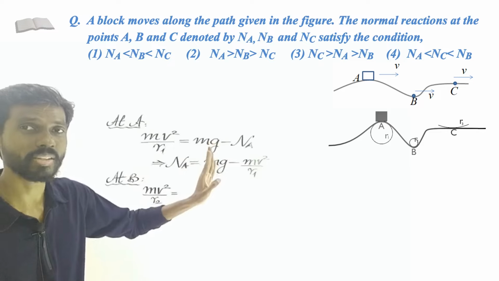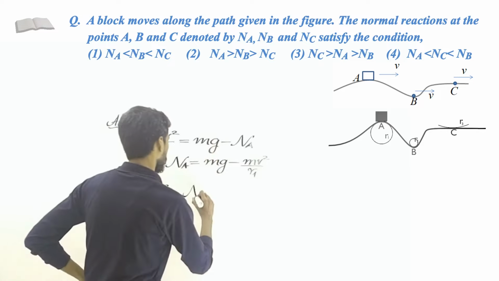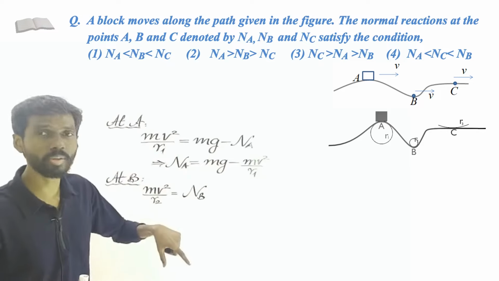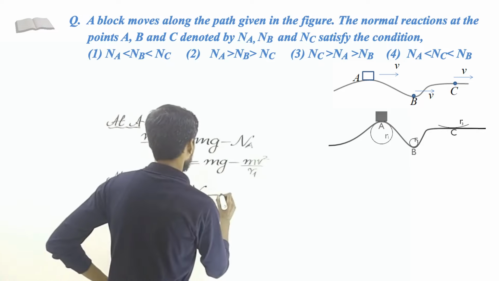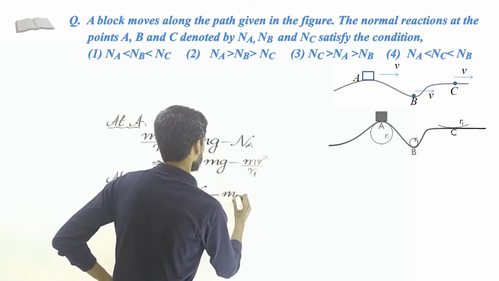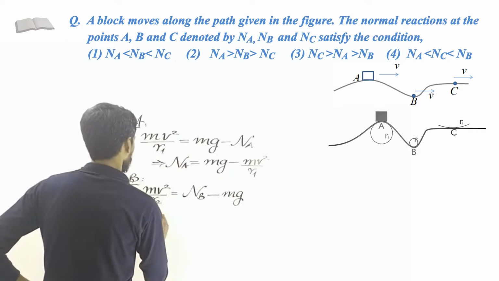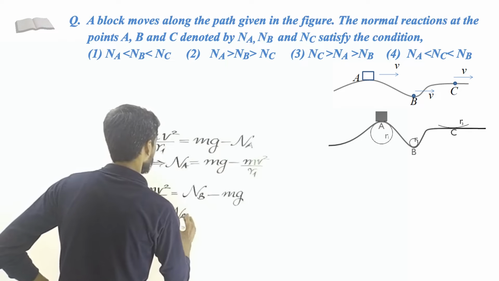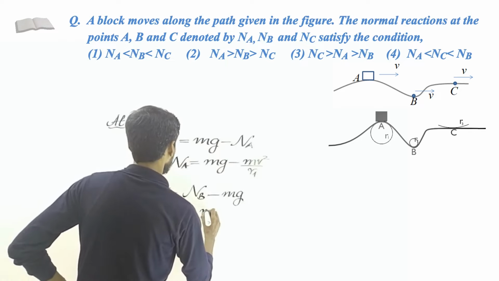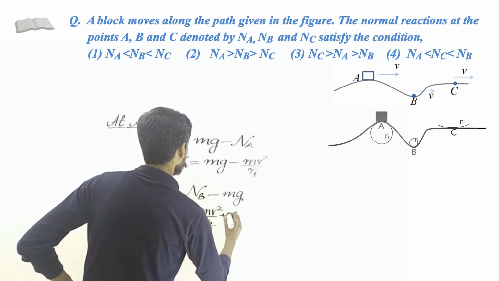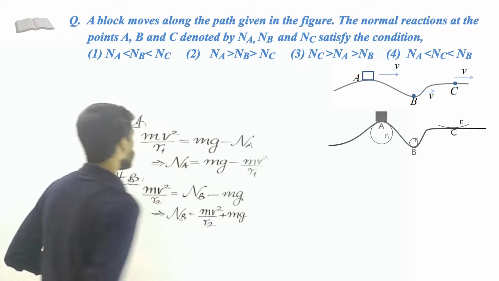So the normal reaction Nb in the upward direction, and minus mg, because mg is actually downward, so we have to take its upward value as minus mg. This gives the value of Nb, which equals mv square by r2 plus mg.